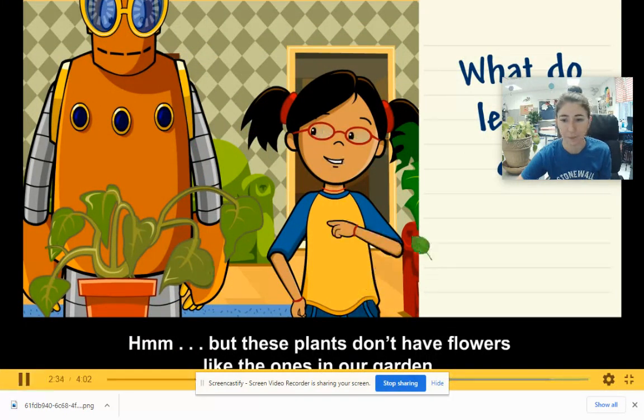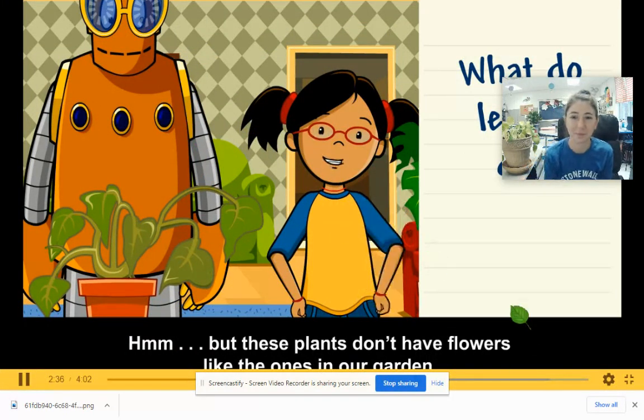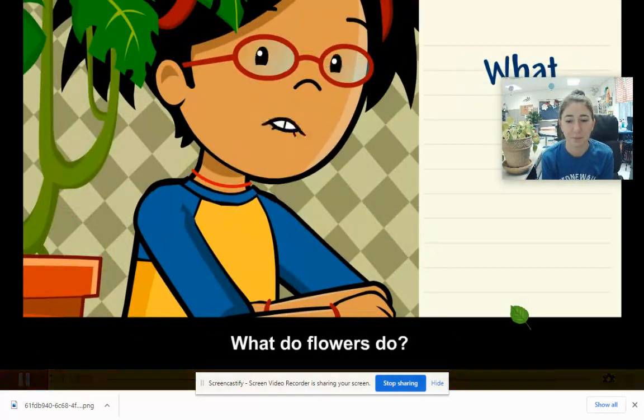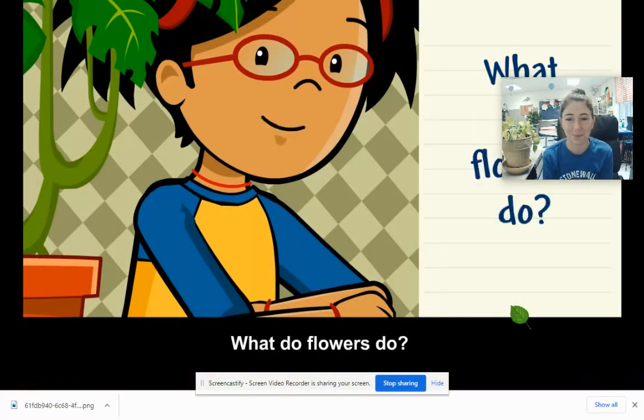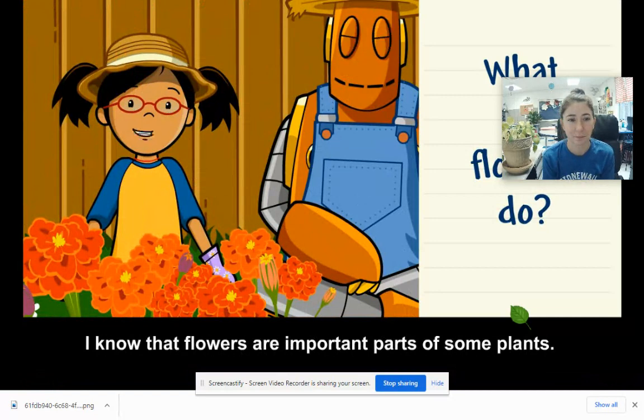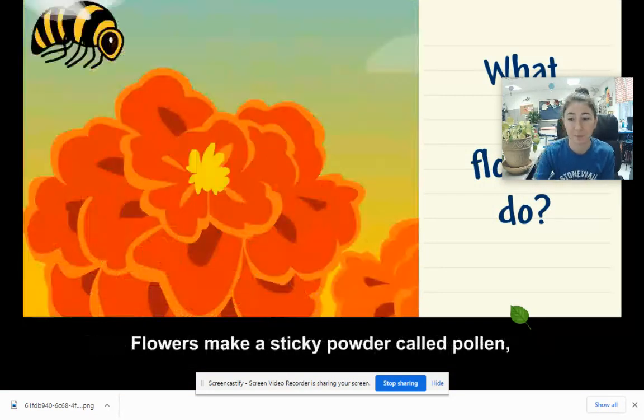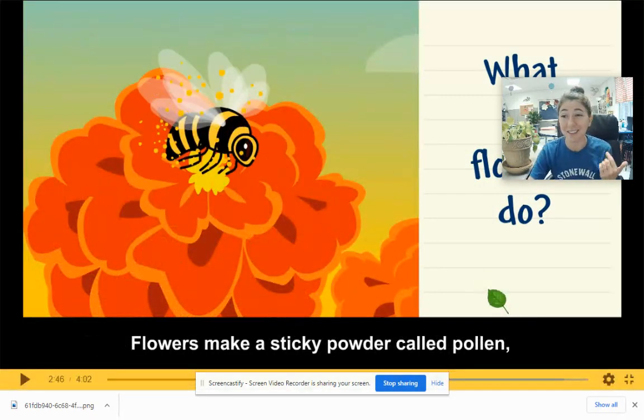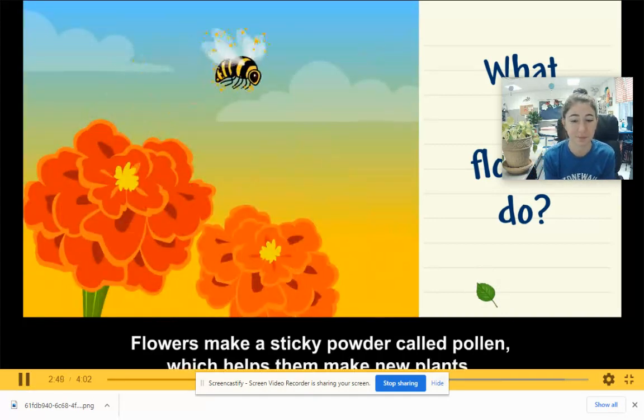But these plants don't have flowers like the ones in our garden. What do flowers do? I know that flowers are important parts of some plants. Flowers make a powder called pollen, which helps them make new plants.